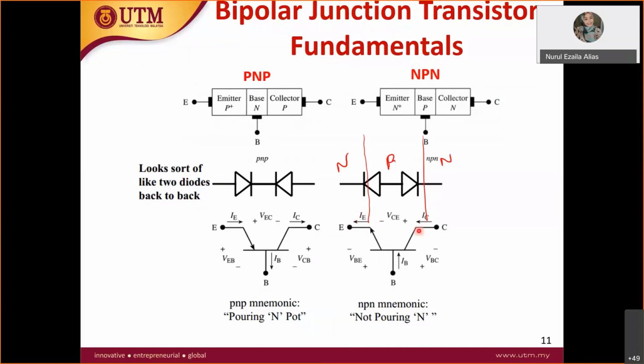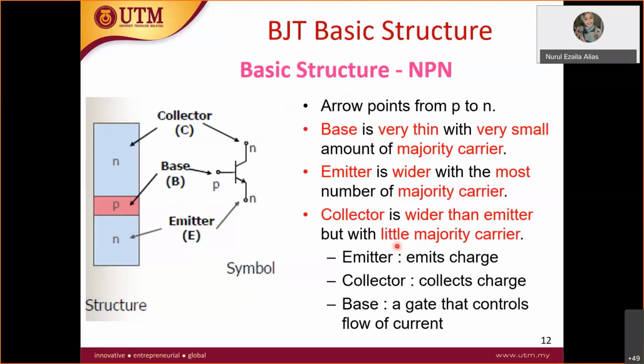From collector to emitter, it has VCE. From base to emitter, it has VBE, and from base to collector, it has VBC. So that's how it is defined. It has several currents and also several voltage drops across the junctions. All right, so this is the basic structure.